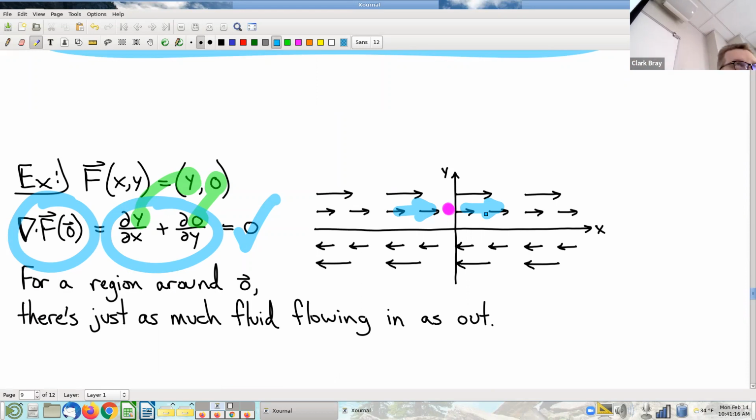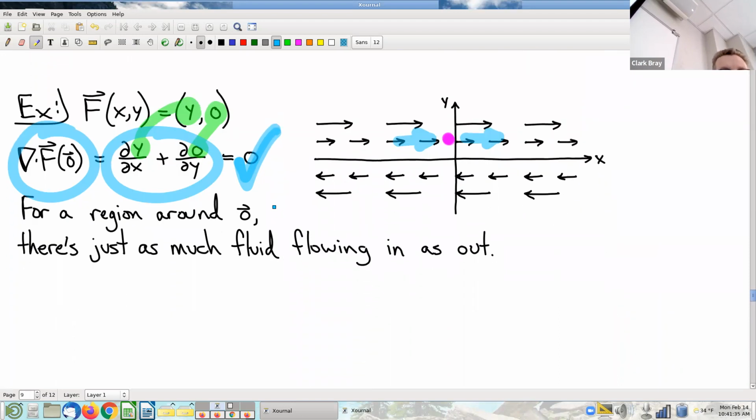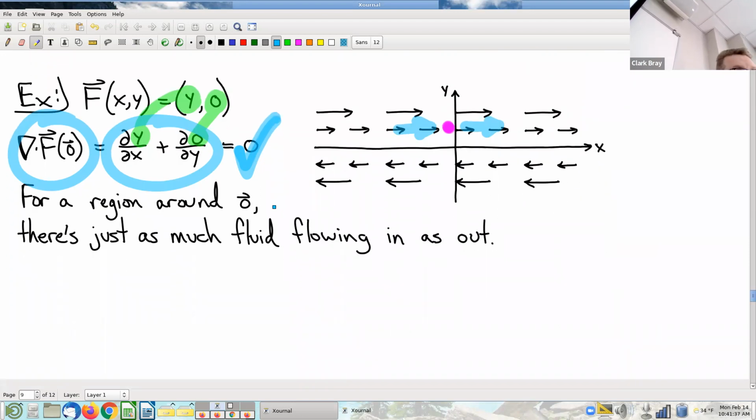Not really. I mean, somewhat, but just as much inward as outward. So 0. Again, that tracks, right? This is consistent with this claim. It doesn't prove anything, I emphasize. But anyway, this is what I claim we're going to eventually be able to see why. Okay.